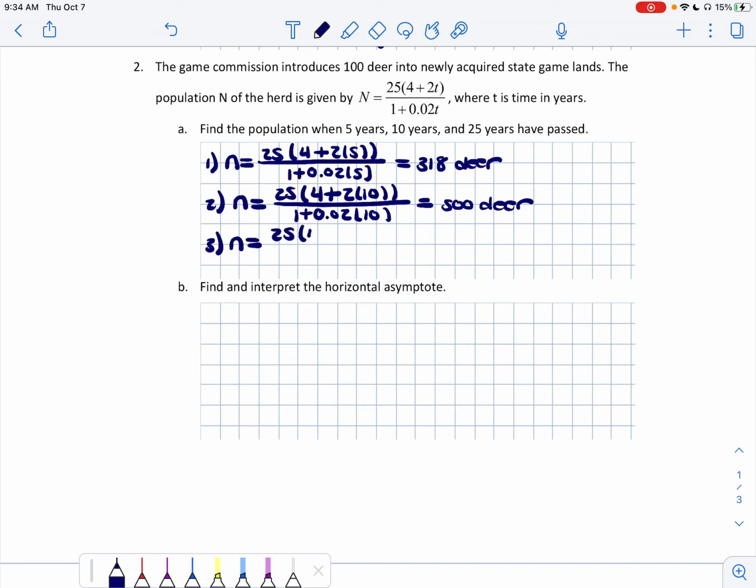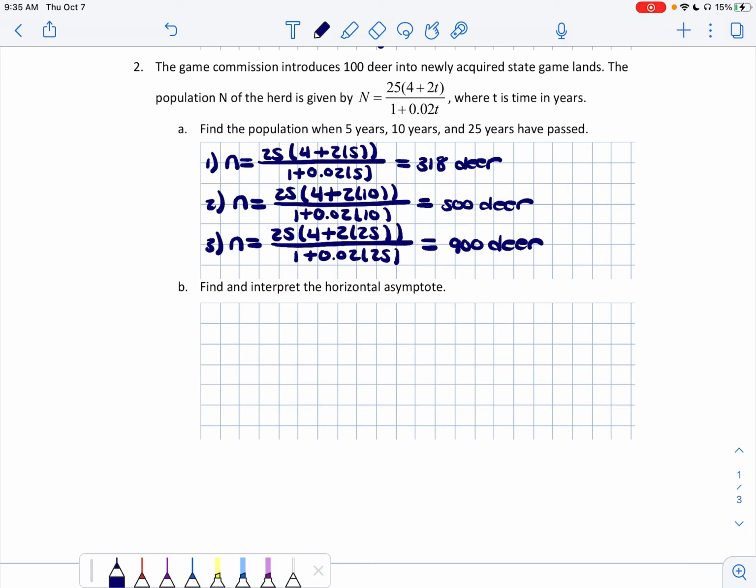So 25 times 4 plus 2 times 25, divided by 1 plus 0.02 times 25. If we plug that into our calculator, we're going to get 900 deer. So again, we see this trend continuing: as the number of years increases, the number of deer on these state game lands is increasing as well.